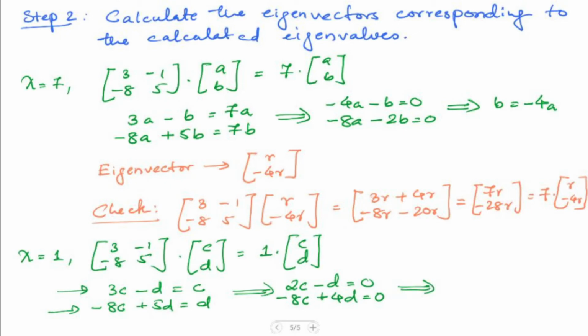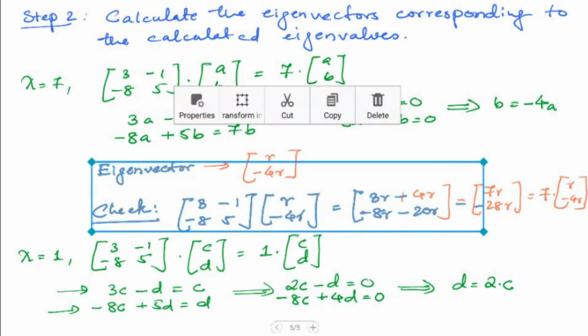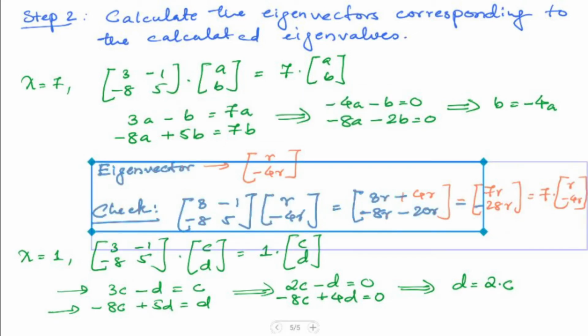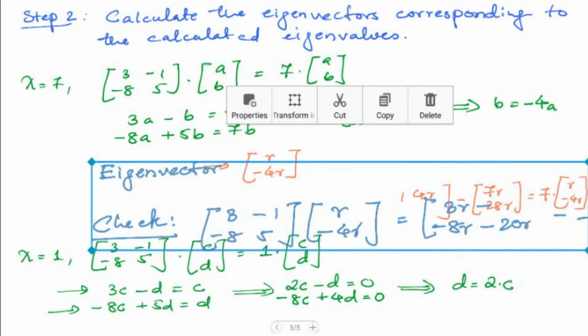Solving that again, we get D is equal to 2 times C, and that's for both of them again. Now let me squeeze the information here a little bit so I have more space.